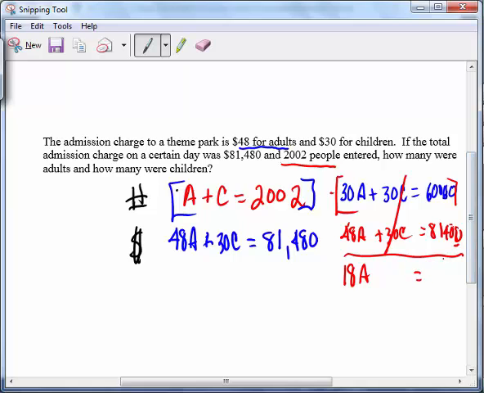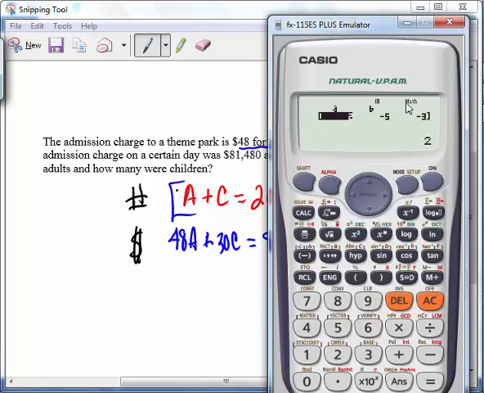And 60,060 away from 81,480 is 21,420. Let's divide that by 18.